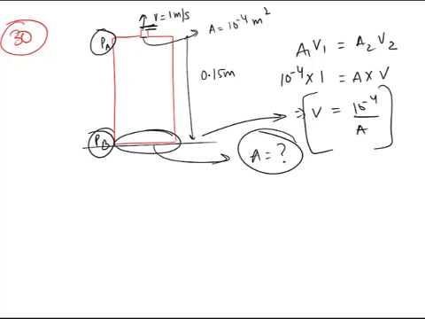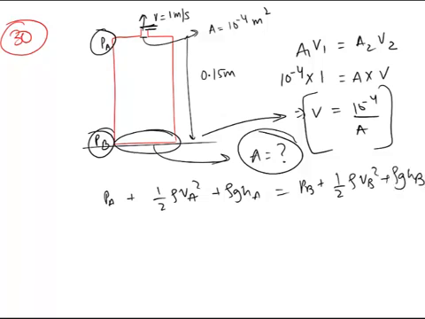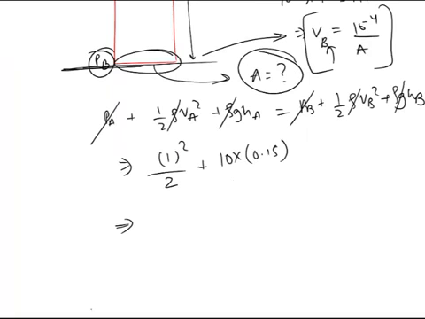Now let's try to apply Bernoulli's theorem, which says PA plus half rho VA squared plus rho G HA equals PB plus half rho VB squared plus rho G HB. Now PA and PB are equal, so they get cancelled, and rho gets cancelled. So we have a simple thing, VA squared, so VA is 1, so 1 squared by 2 plus G into HA, G is 10 and H is 0.15, equal to VB square over 2, and VB is 10 to the power minus 4 over area, so this whole squared over 2 plus rho G HB, HB is 0, so this is 0.